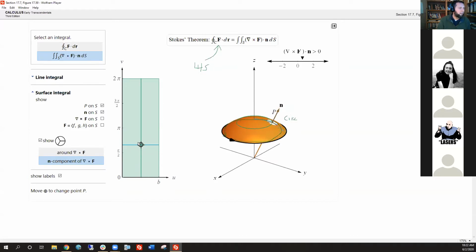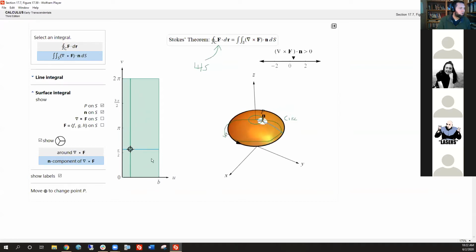If we added up all of those little spinninesses across the whole thing, that would be the sum. That's why you have this double integral of the curl. That would give us the total circulation around the boundary.